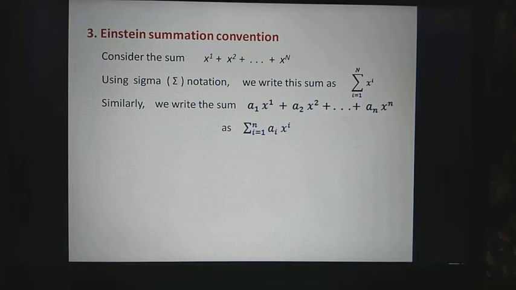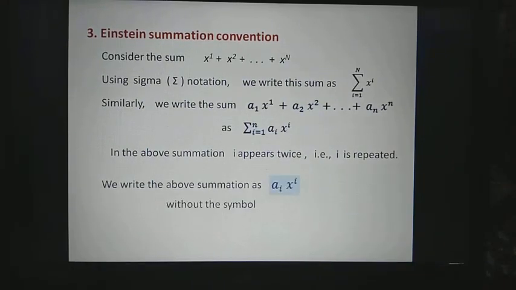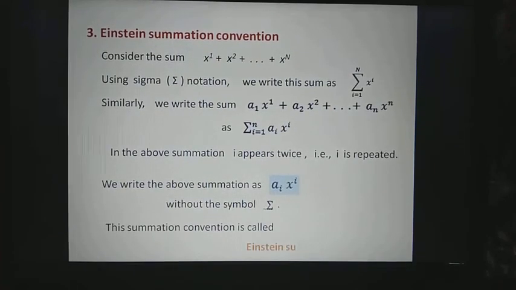We write this sum as ai xi without the symbol sigma. This summation convention is called Einstein summation convention.